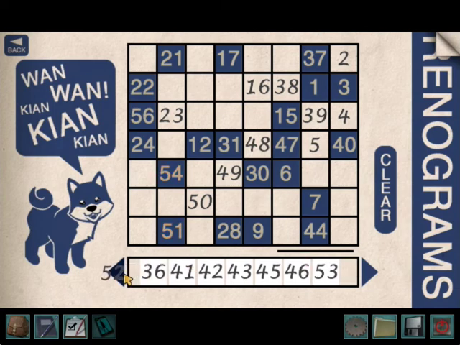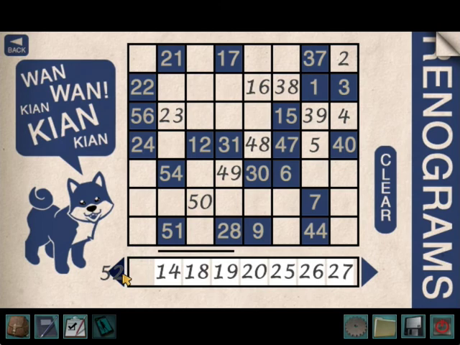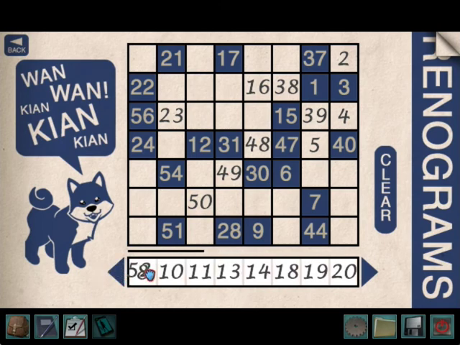Okay, so let's go back through all the numbers again. 10. Okay, at this point, we have to go this way. There's no other way now. And over here, we have to do this now.